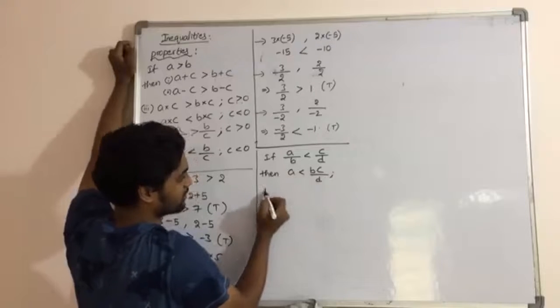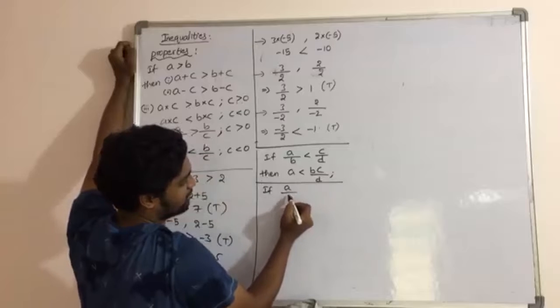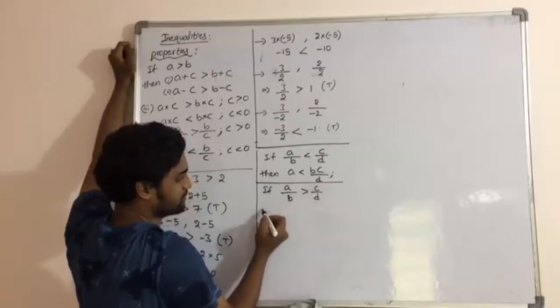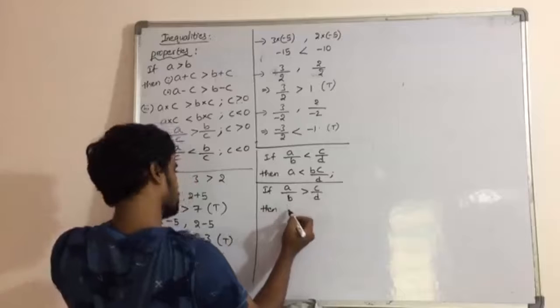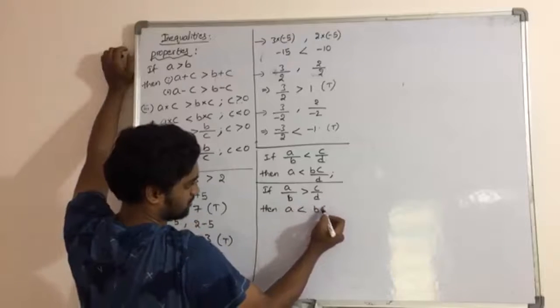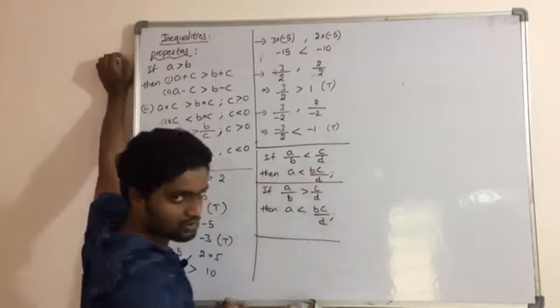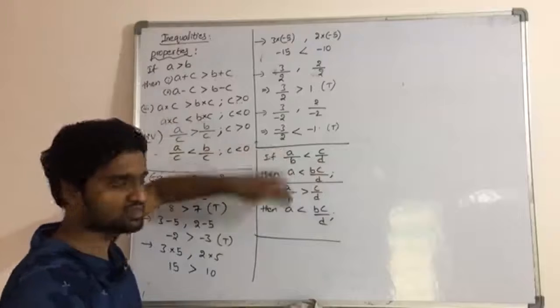I need the conditions here. If A by B greater than C by D, then A is less than BC by D. Conditions. Okay. When are these possible? When are these inequalities possible?